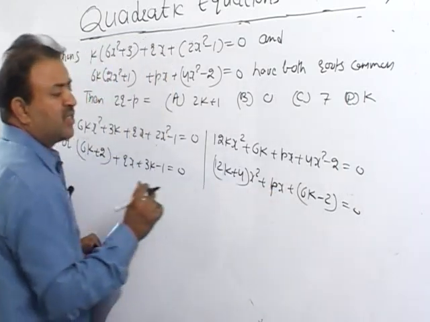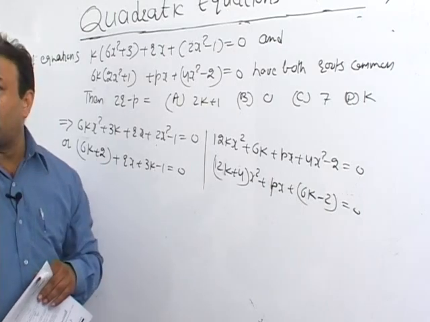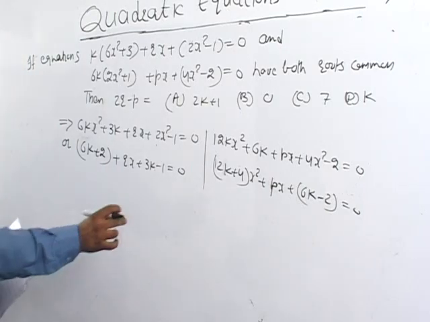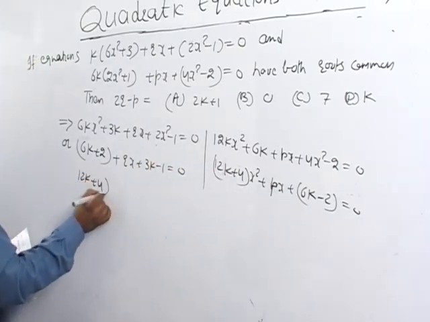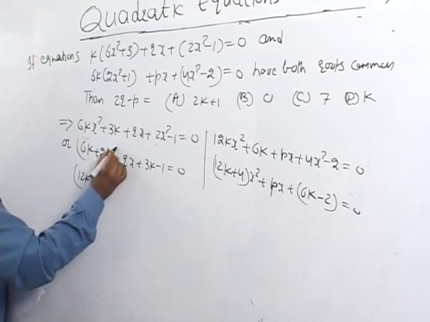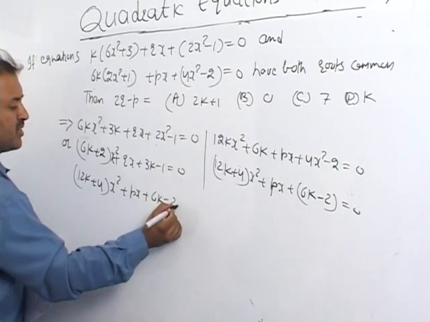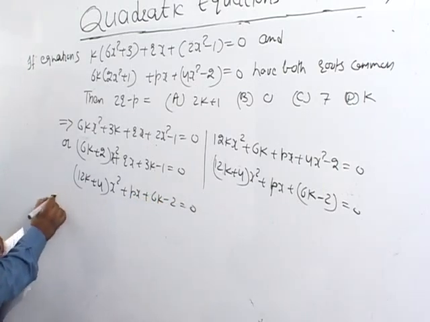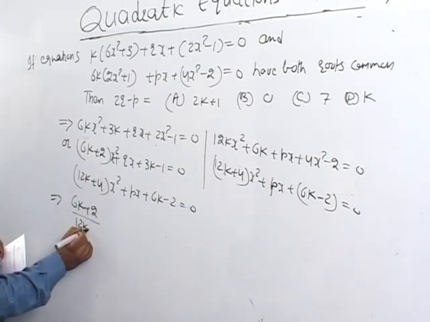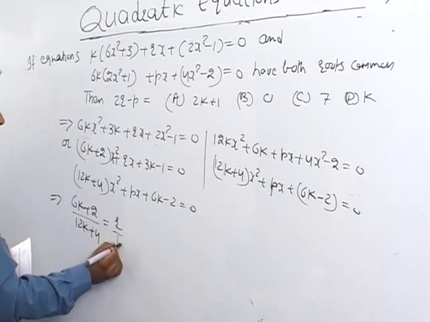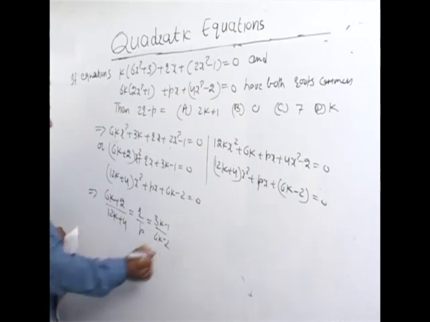Now we got these two equations, and we have been given that these two equations have both roots common. So I write down the other equation below this: (12k plus 4)x square plus px plus 6k minus 2 is equal to 0. Now applying the condition a1 over a2, 6k plus 2 upon 12k plus 4 is equal to r upon p is equal to 3k minus 1 on 6k minus 2.